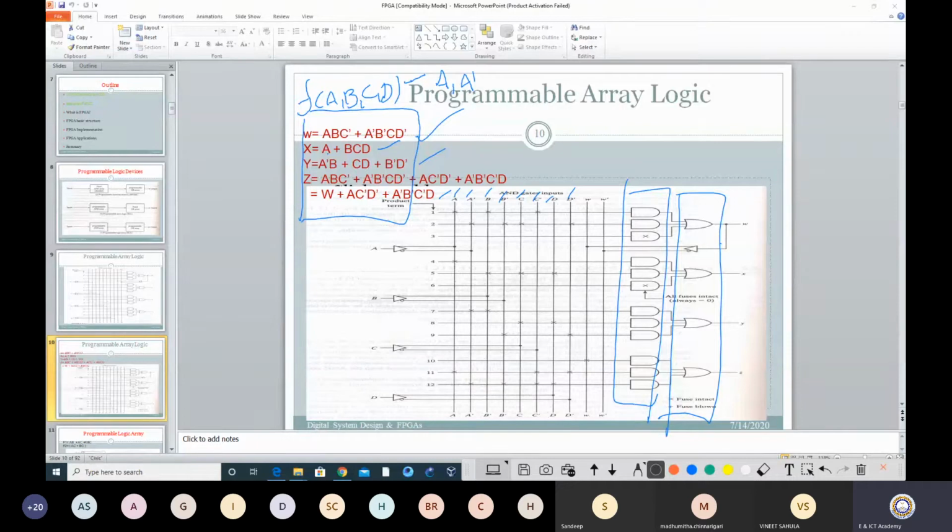Of course, there is a possibility that whatever output is generated, I can also make it have some sort of programmability. For the present case, just forget about this. Try to observe this A dash, B dash, C dash, and D dash. Okay, so this portion. Now, if you observe over here, A, B, C dash.